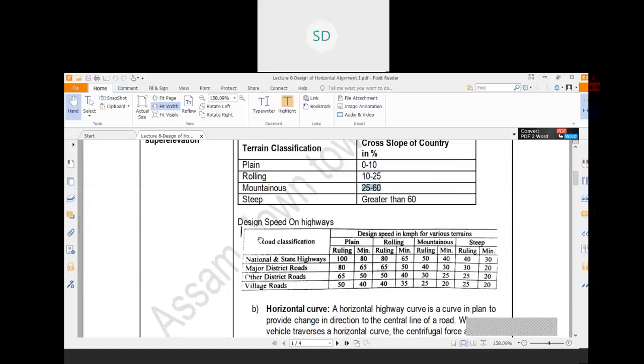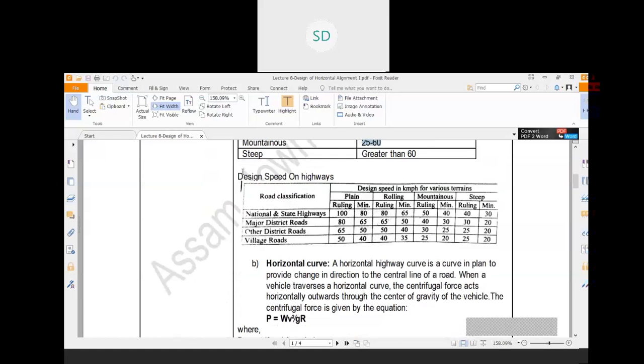So for example, these are the IRC recommended design speeds on highways. These are the different road classifications, and based on the road classification and the terrain condition, there are different types of speeds defined.